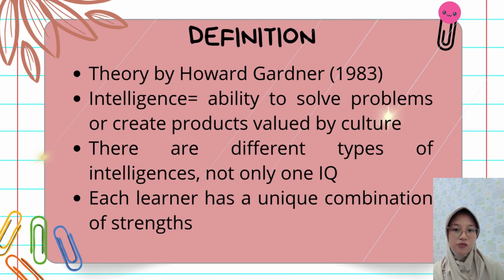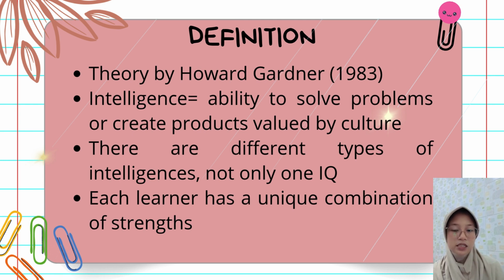The theory of multiple intelligence, proposed by Howard Gardner in 1983, defines intelligence as the ability to solve problems or to create products that are valued within a cultural context. Gardner rejects the traditional view of a single IQ and argues that there are different types of intelligence that individuals possess.